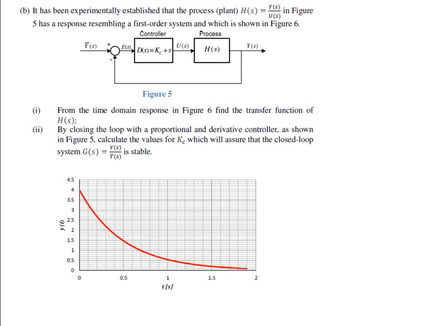The first part of the question is asking to find the transfer function H(s) based on the response given in this picture, and it has been said that H(s) is a first order system. The second part is asking to find the reasonable value of Kc for which the closed loop system will be stable.